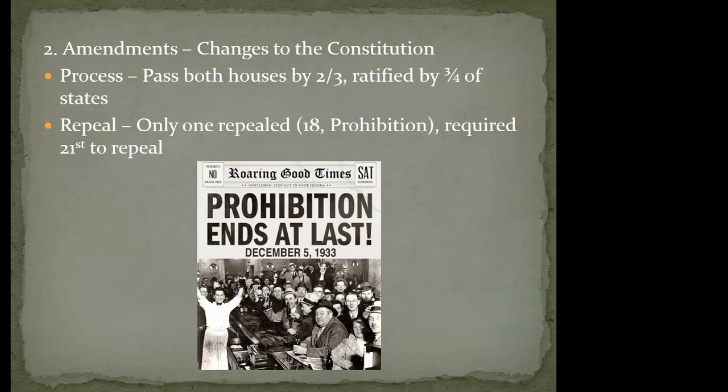So you can have an amendment that gets passed by both houses of Congress, but actually does not get ratified by the states, sometimes until decades later. One that is currently still in limbo is the Equal Rights Amendment. I haven't checked up on this for a while, but I believe it was just in the news a few months back where Virginia voted to ratify the Equal Rights Amendment.